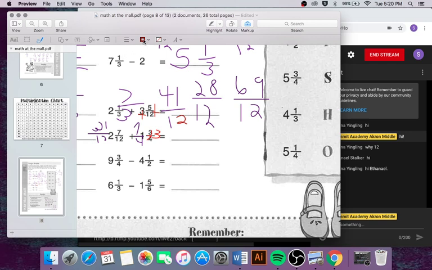Okay. So 4 times 3 is 12. And 7 times 3 is 21.